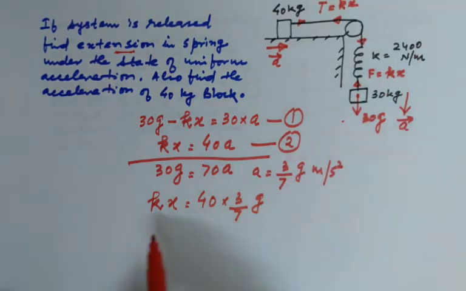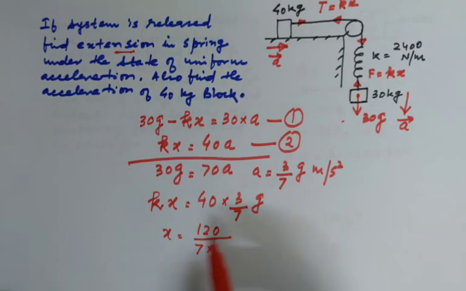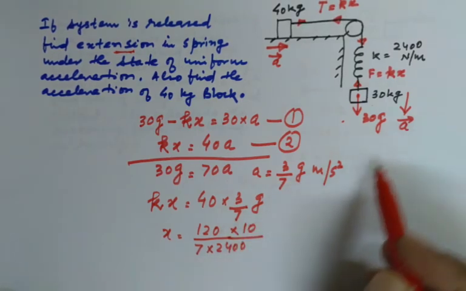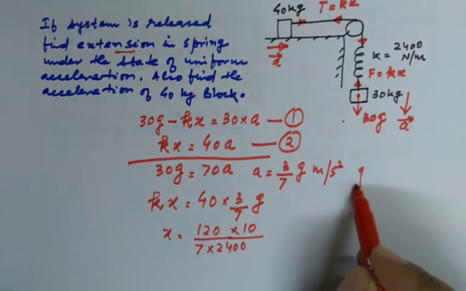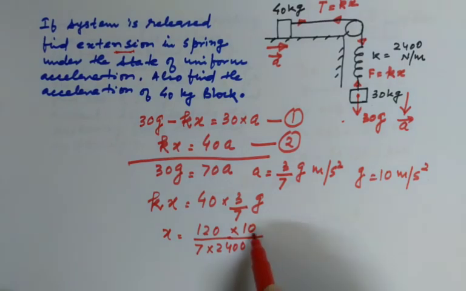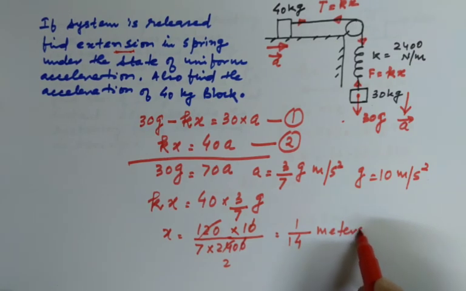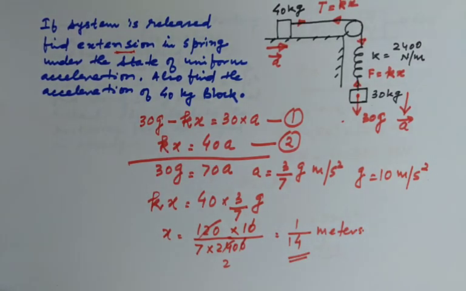The value of K is given here, so x becomes 120/7 over K, which is 2400, into g. I am taking g as 10 meter per second square. If we solve this, x comes to 1/14 meters. This would be the extension in the spring.